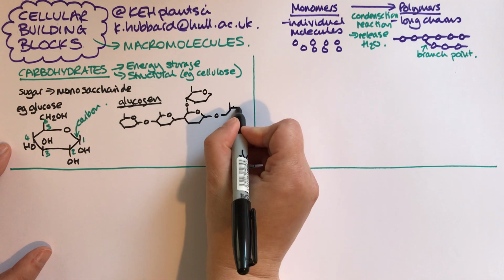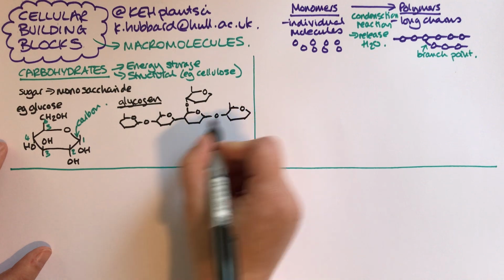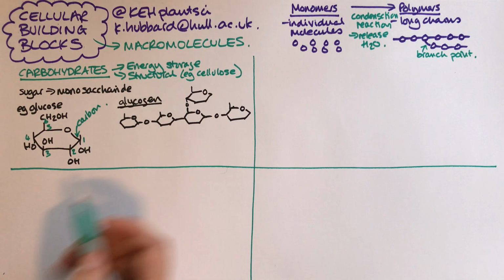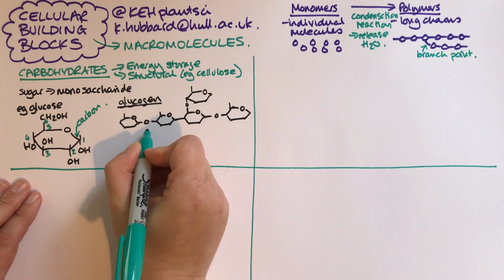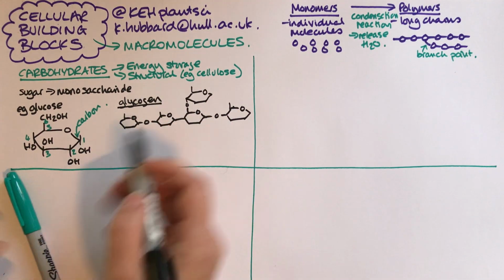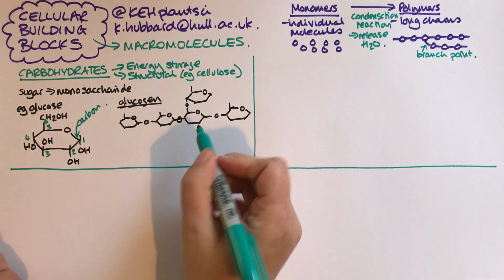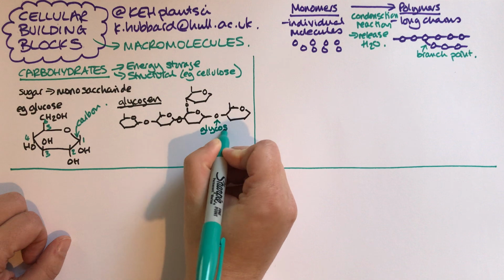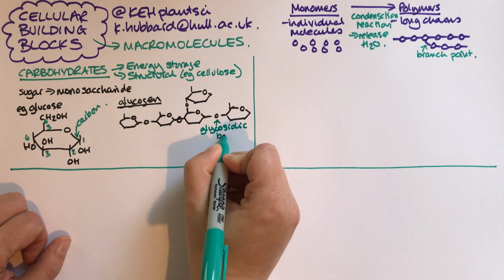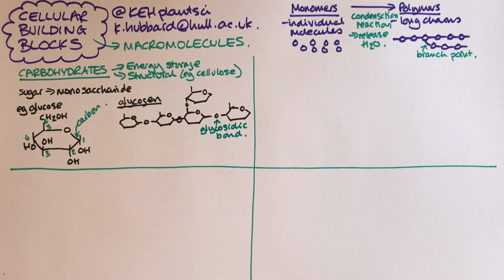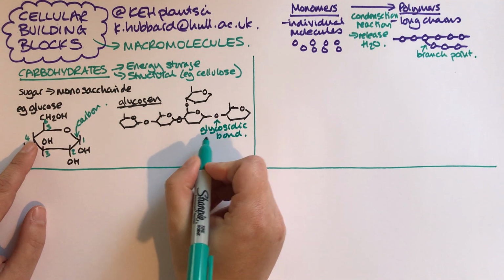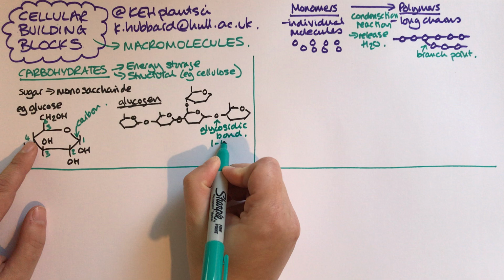So we have quite an elaborate structure of all of these individual glucose molecules. They're all bound together with a condensation reaction, and that bond there should be an oxygen with each one. That bond between them we call a glycosidic bond. In this case we've got what we call a 1,4 glycosidic bond.